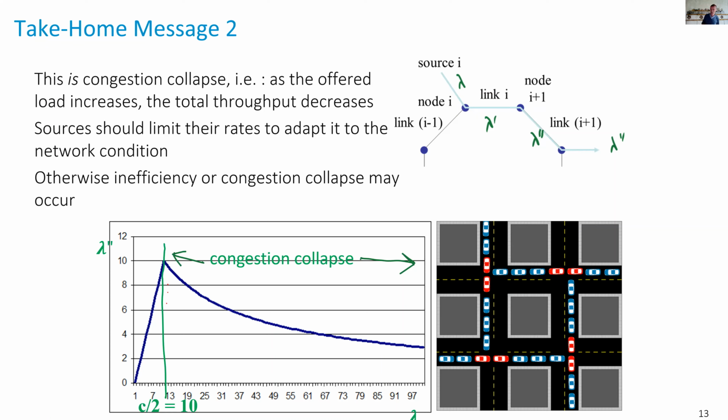So we use resources of the network to give the resources to some packets that will not make it to the end. They will be killed before they reach destination. So this is why with a fixed capacity C, everything is as if the capacity had been reduced, because the capacity is allocated to packets that will eventually die. So this is congestion collapse.